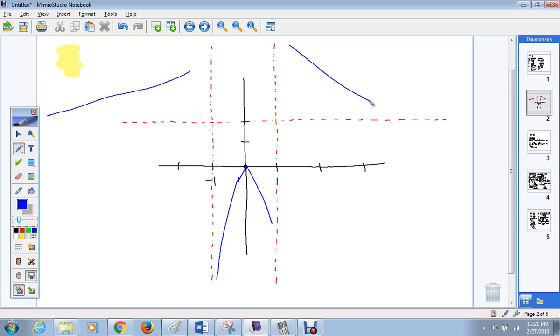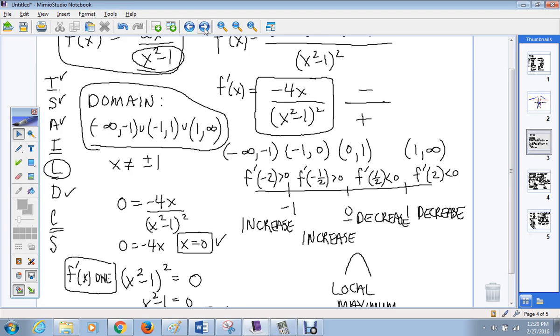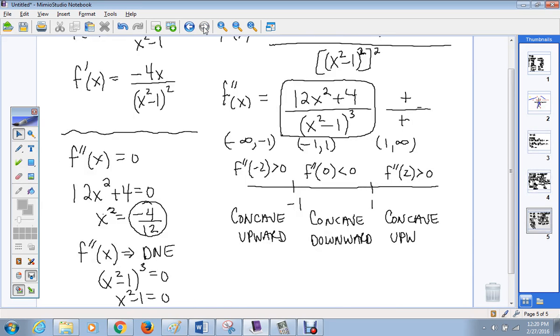All right, so let's now look at our concavity. So if we go back to our concavity, here we have from negative infinity to negative 1, we're concave upward. From negative 1 to 1, we're concave downward. And from 1 to infinity, we're concave upward again. So let's go back to our graph.